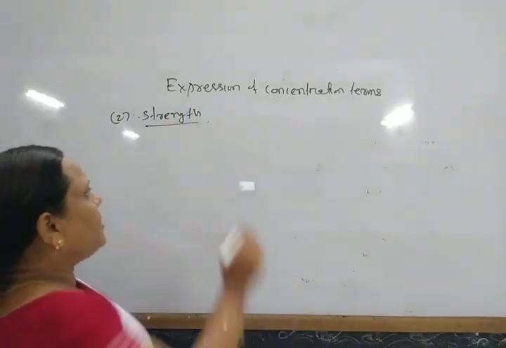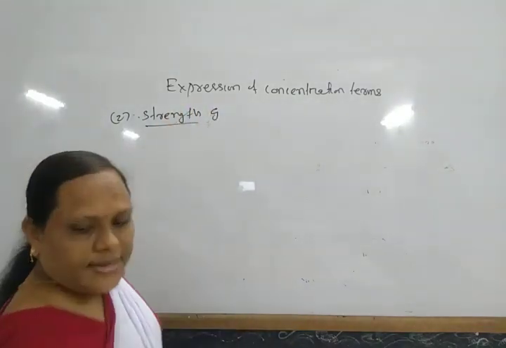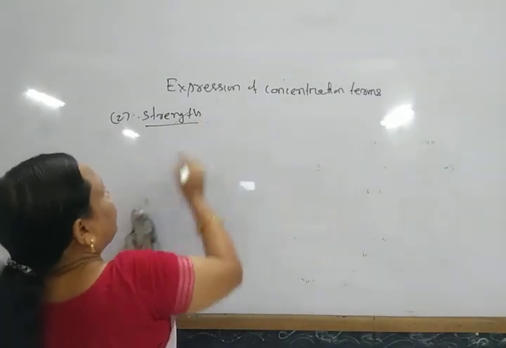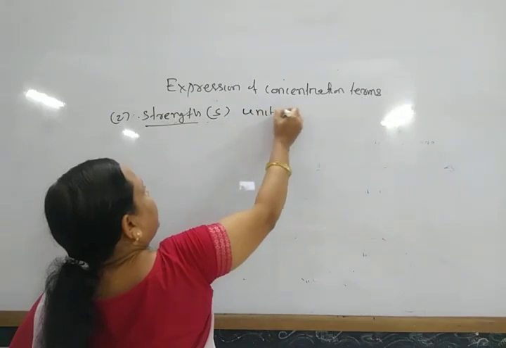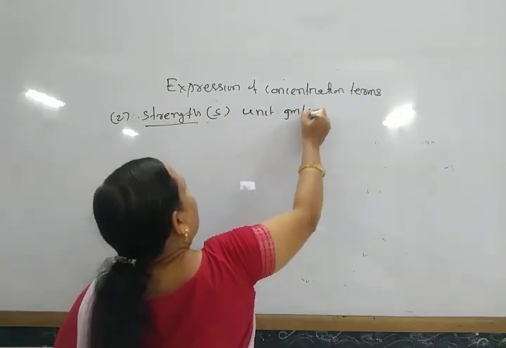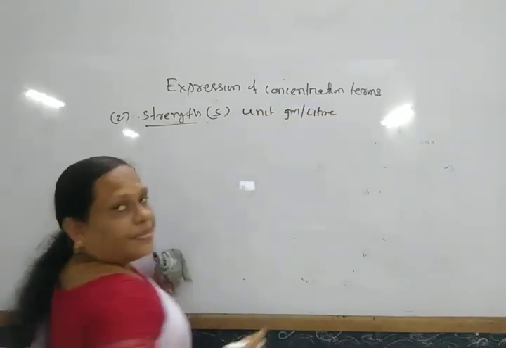Strength is generally written by the letter S and its unit is gram per liter.